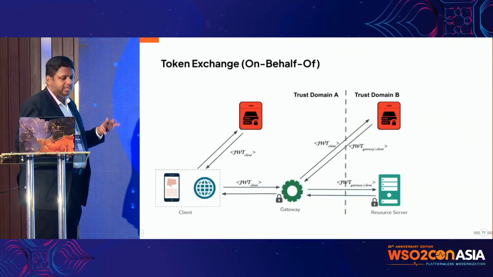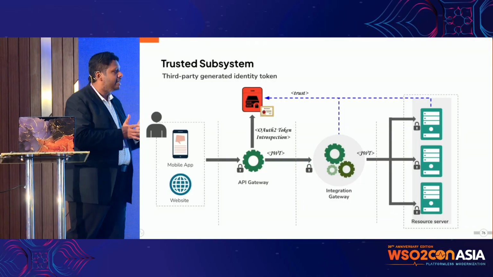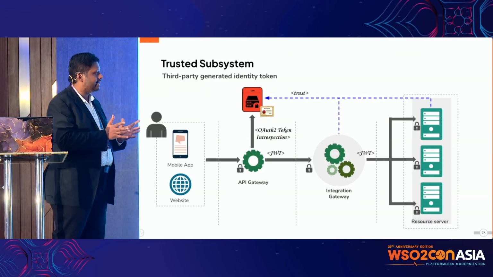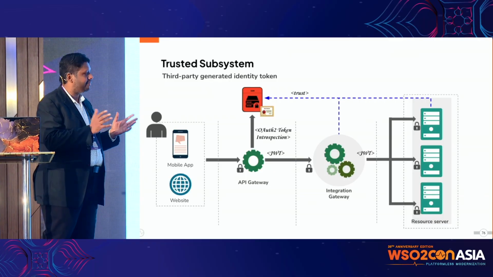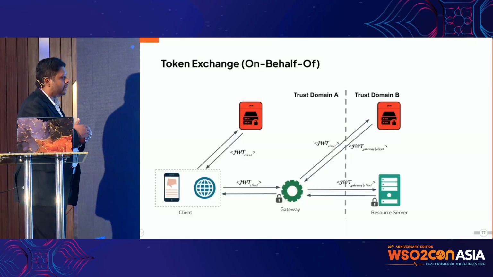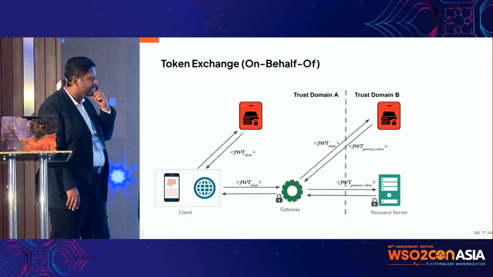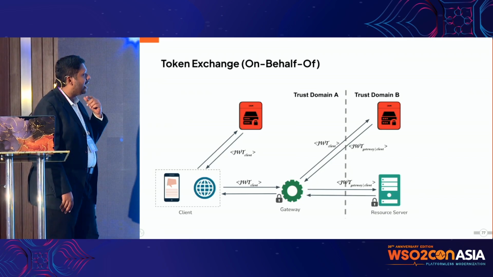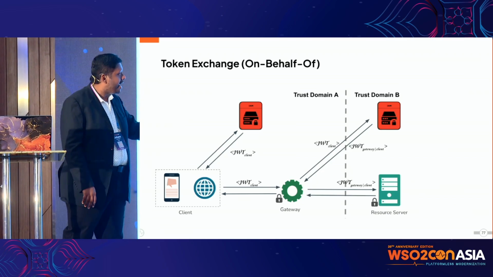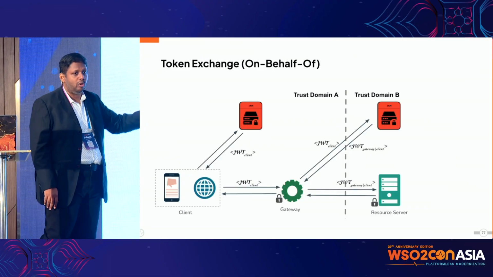Now, this will usually work within an organization, because within the organization, most of these systems are going to be trusted within the organization boundaries. But when you go across organizations, when you call out into another organization, this may not work, right? Because domain A is going to have its own authorization server, and domain B is going to have its own authorization server.